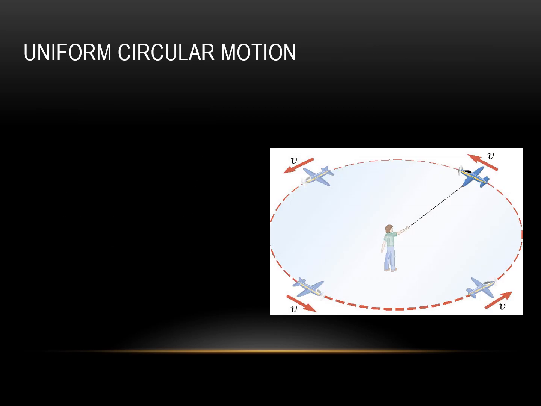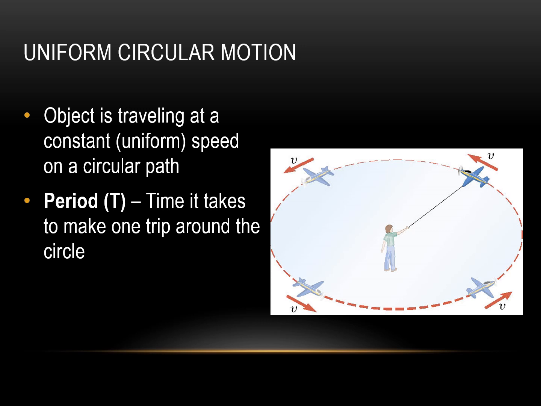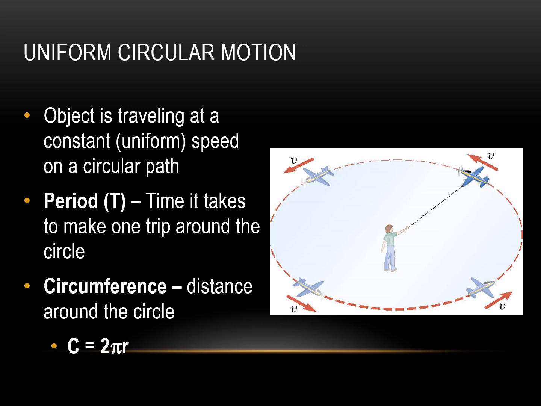In uniform circular motion, the object is traveling at a constant or uniform speed on a circular path, and the period T is the time it takes to make one trip around the circle, and the circumference is the distance around the circle, where C equal to 2πr.